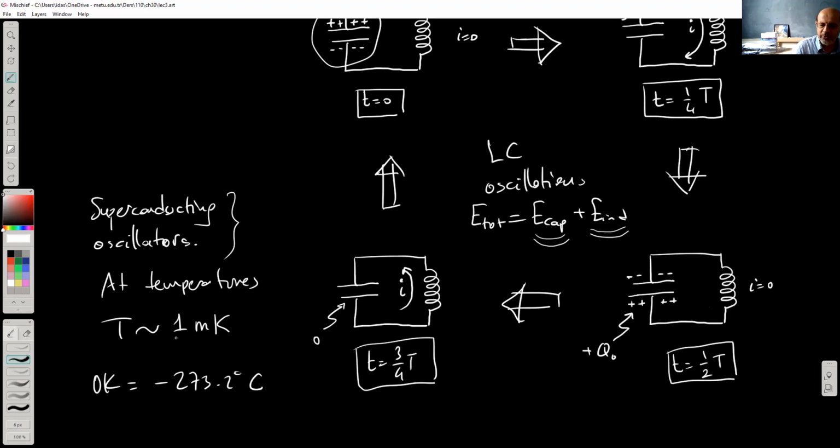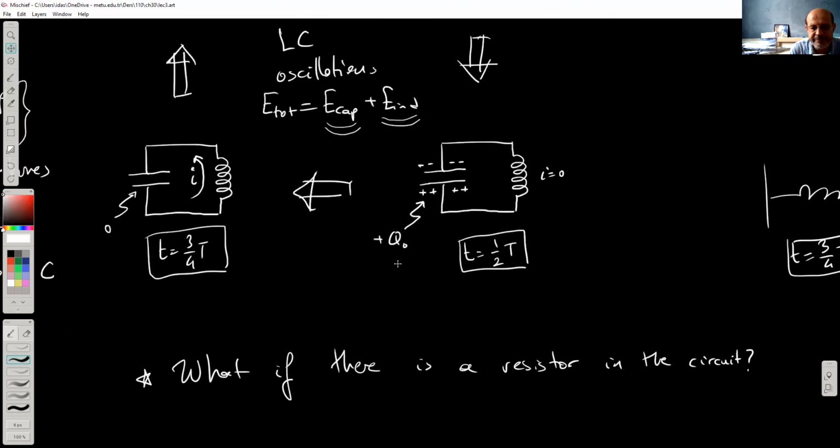All temperatures should be above absolute zero, but this is not even 1 degree above. It's about 1 millikelvin above absolute zero. So you have to cool these to very low temperatures to be able to make quantum computers. But in any case, that's something else, right?